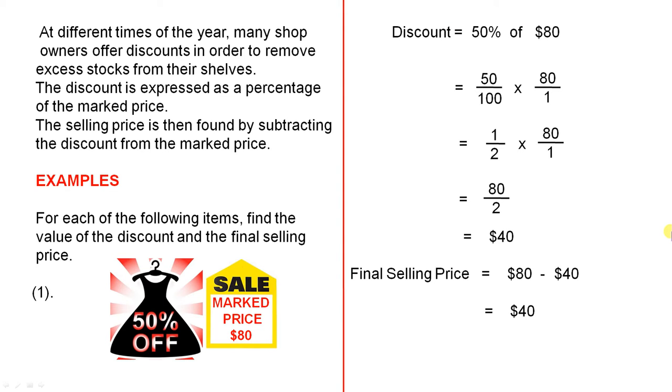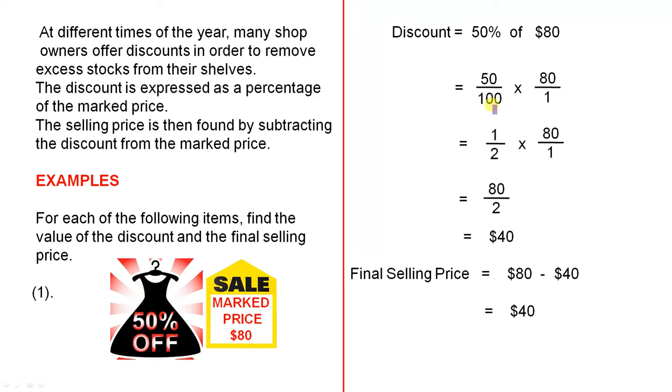For each of the following items, find the value of the discount and the final selling price. So here we have a dress and it says that it's 50% off. Now the marked price is $80. So the first thing we're going to do is find out what the discount is. So 50% of $80 is 50 over 100 times 80 over 1.